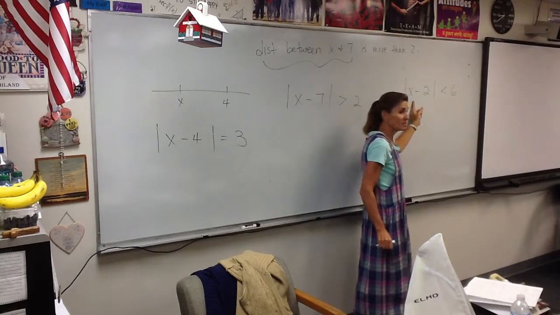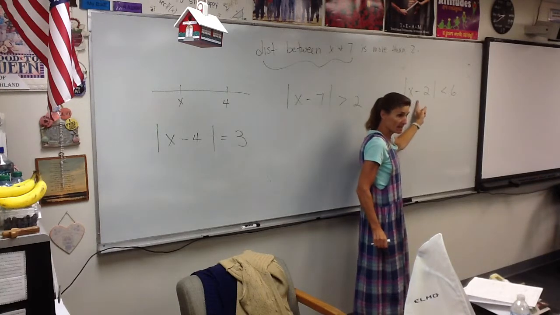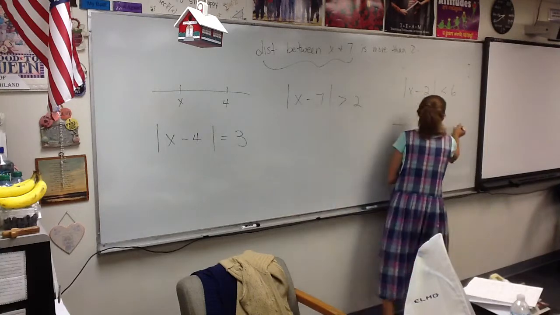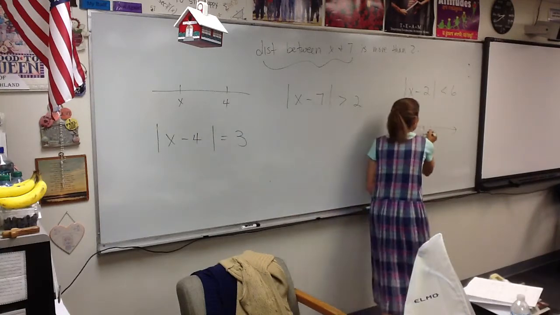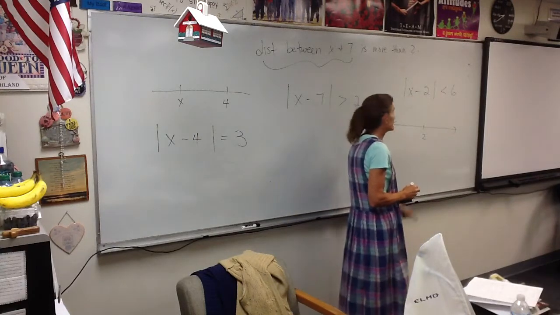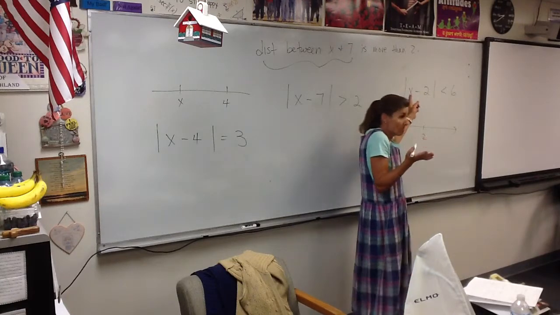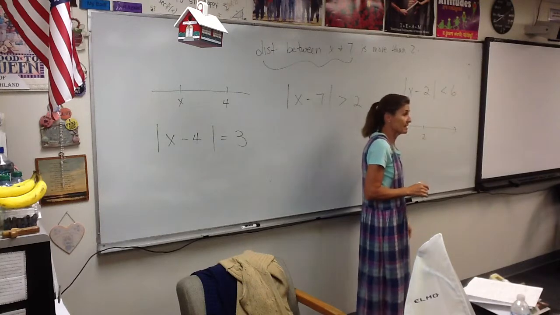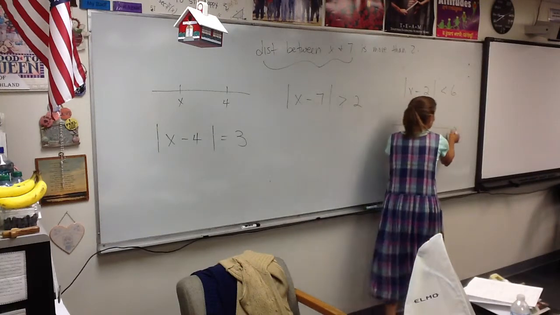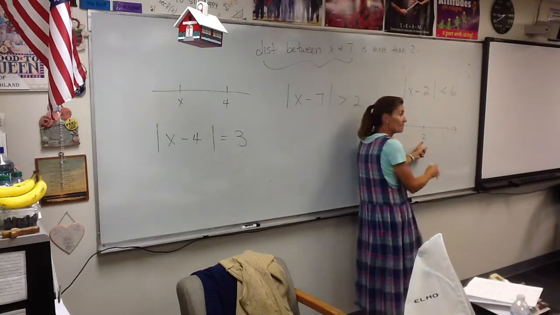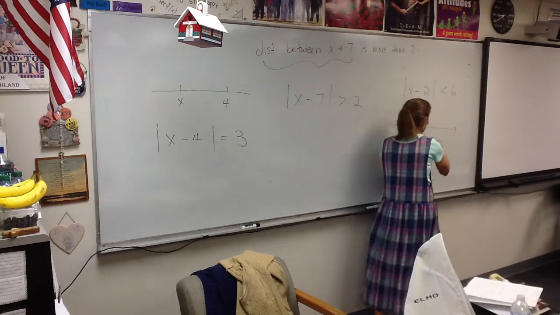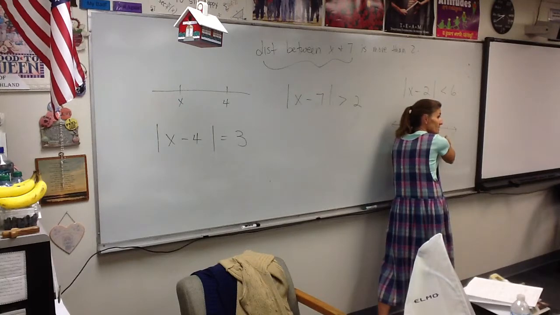The distance between x and 2, and it has to be less than 6. So think about that for a second. Here's my number line, here's 2. The distance between some unknown number and 2 has to be less than 6. So what's the farthest out that number could be? If the distance between these two has to be less than 6, the farthest out it could be is 8.